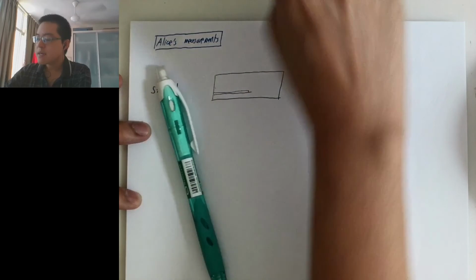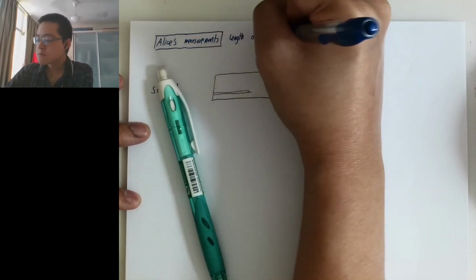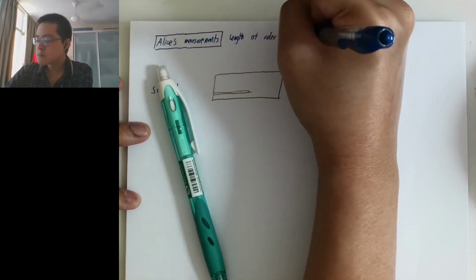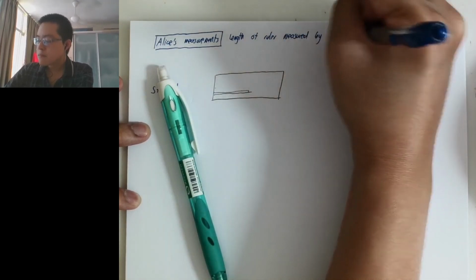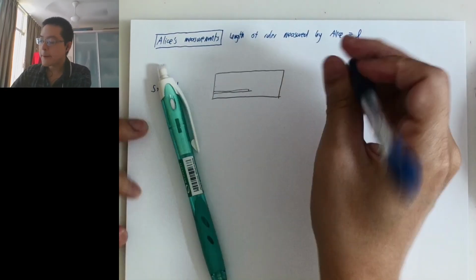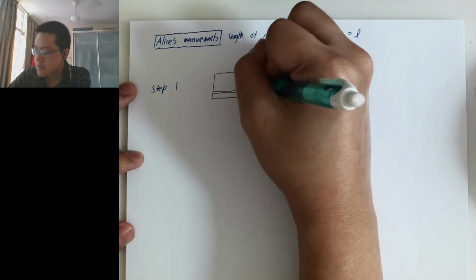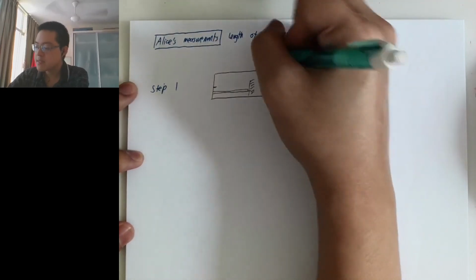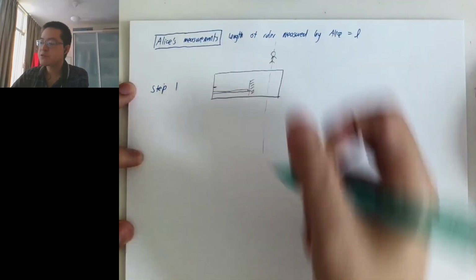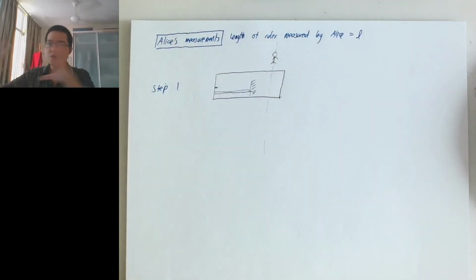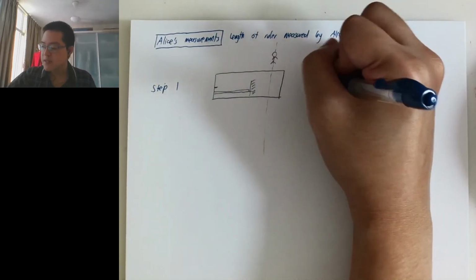Let's say the length of the ruler measured by Alice I will call L, and by Bob is L0. This is the mirror, this is the laser, and Alice is standing initially next to the train, but the train is going to move in front of Alice. So this is what happens at time 0.